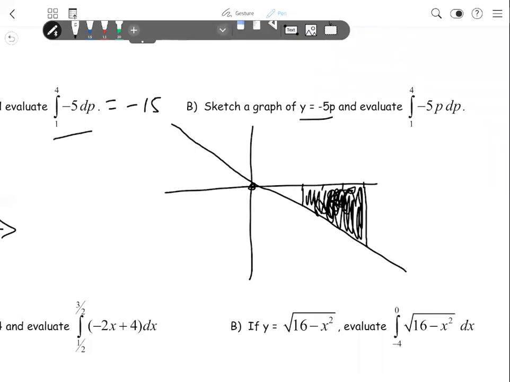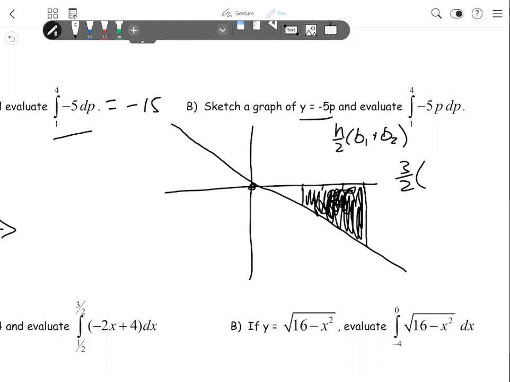And to find the area of the trapezoid, it is height divided by 2 times base 1 plus base 2. The height in this instance is given by the x values. So the width of the bounds, it goes from 1 to 4. So my height is 3.